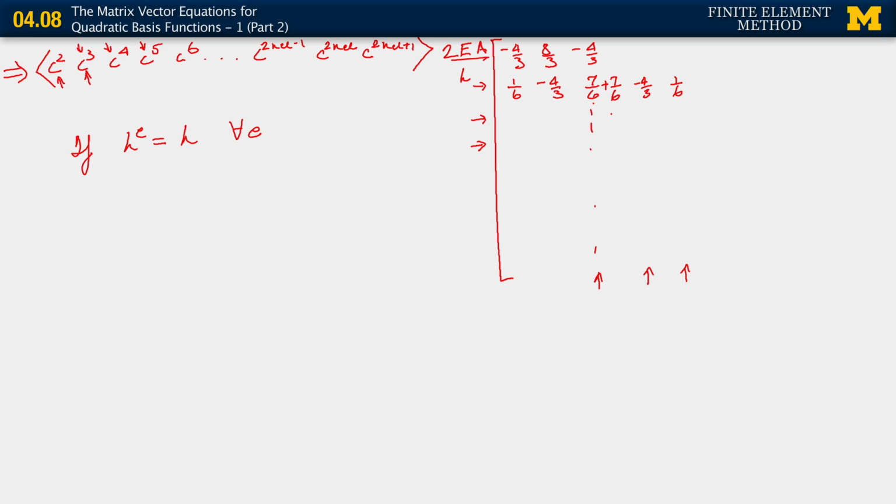We get here minus 4 over 3, 8 over 3, minus 4 over 3, and here we get 1 over 6. We get minus 4 over 3, and here we get 7 over 6. The important thing is that that is where the contribution from the common node, or the common degree of freedom, of elements 1 and 2 comes about.